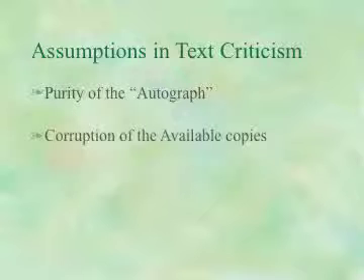The second assumption that text criticism makes is that the available copies that we have are in some way corrupted. In the modern world, if we do something with our computers, we can print out unlimited copies that are exactly the same as we have on our file. There may be typos in there, but whatever we want to print out shows up.